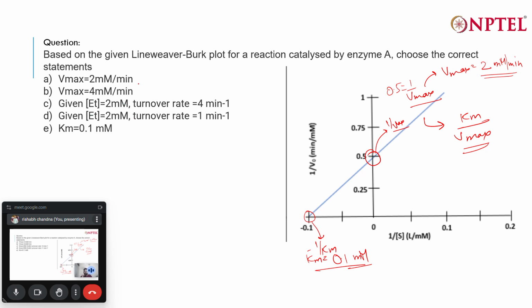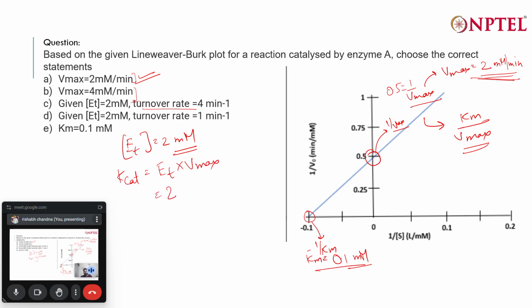So let's see the options. Vmax is 2 millimolar per minute, Vmax is 4 millimolar per minute. As we have calculated, Vmax is 2 millimolar per minute, so option A is correct. Now, if we are given Et, the total enzyme concentration, as 2 millimolar, and we have Vmax, we have to find the turnover rate, so we have to find Kcat for that. Kcat is equal to total enzyme into Vmax.